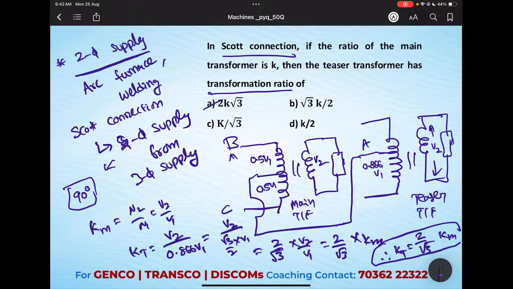For that, two single winding transformers are taken. One is called main transformer, another is called TZ transformer. As shown in the figure, the connection will be there. They are asking the transformation ratio of the TZ transformer. Transformation ratio is nothing but N2 by N1. From that you can calculate the transformation ratio of TZ transformer. Is it clear?